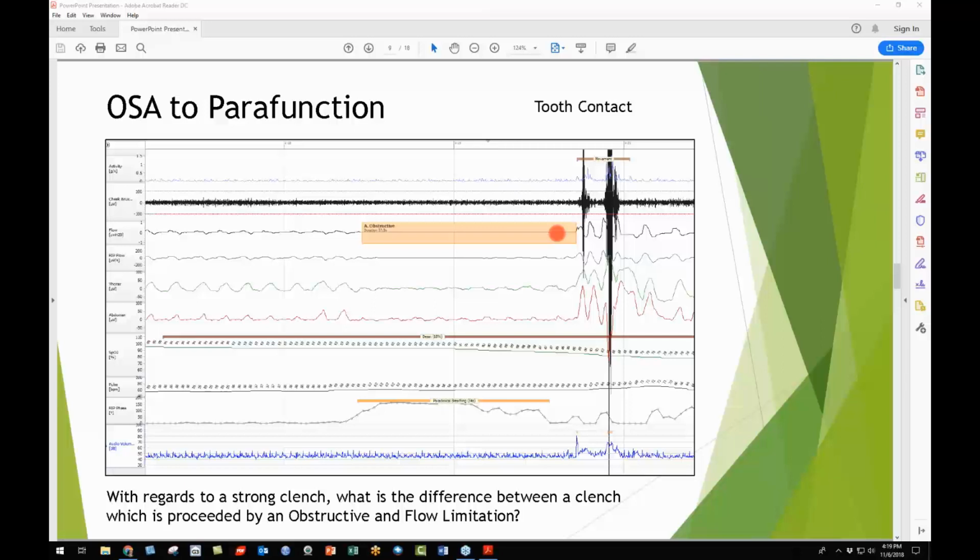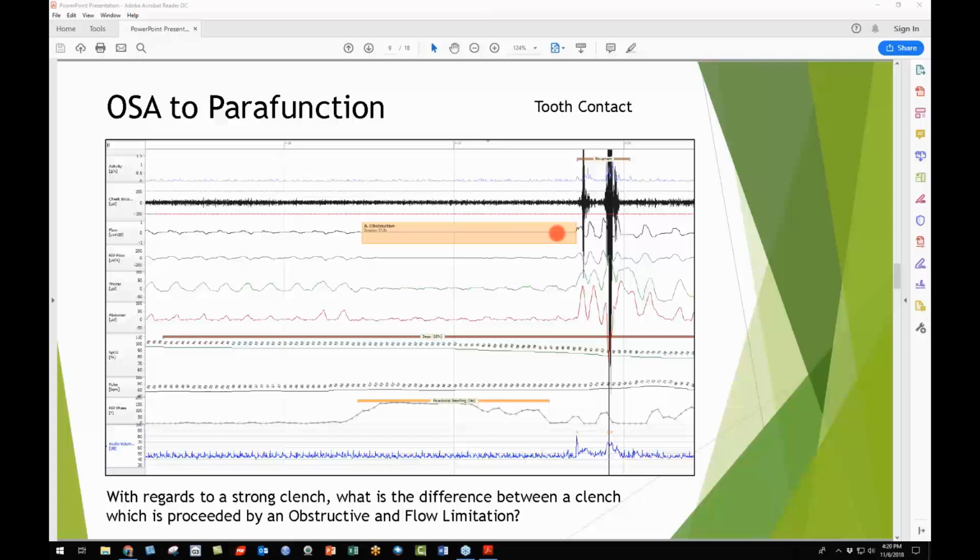On the medical side of things, I'm going to kind of jump tracks for just a second. On the medical side of things, we really didn't concern ourselves with bruxism, and the reason being is it's a dental issue. And just like for years and years and years, dentists really didn't take into account the airway.